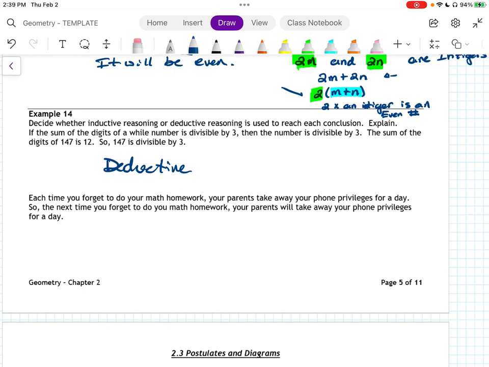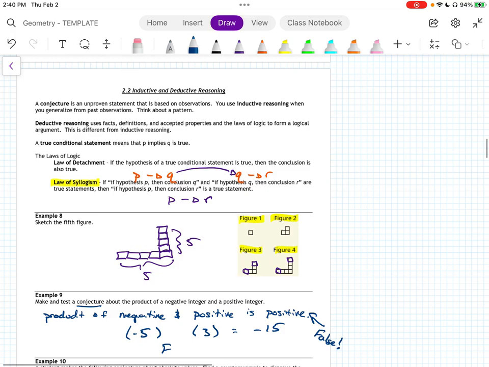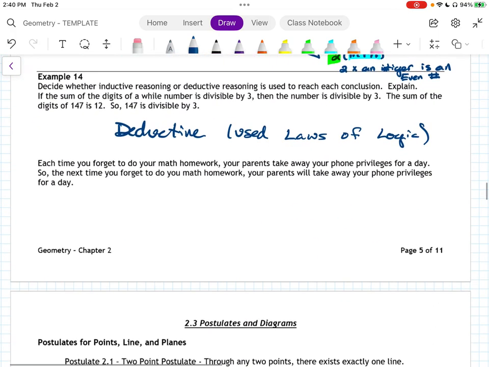It used conditional statements. And what law of logic was that? I think we can even say that would have been the law of detachment, because we kind of plugged in for that formula there.